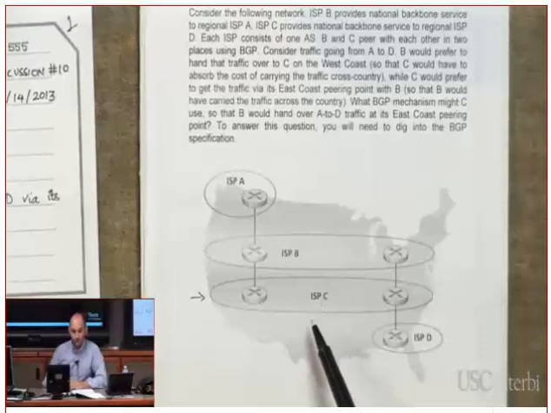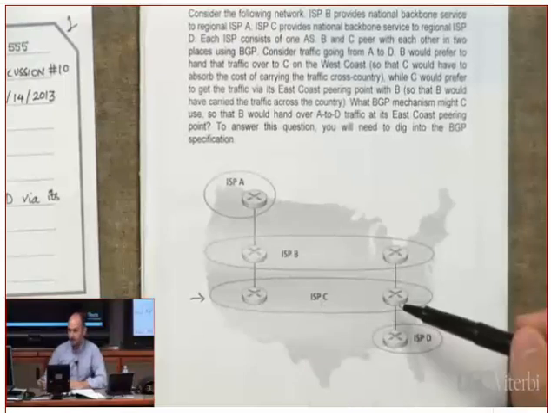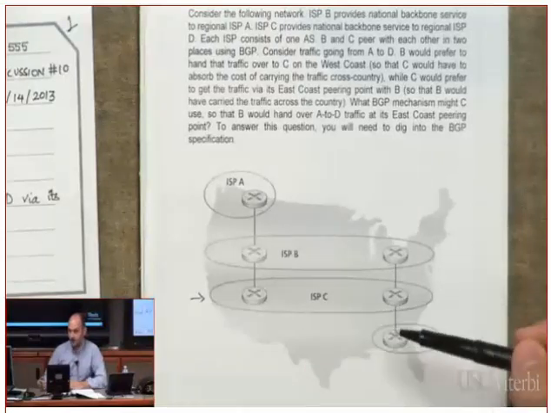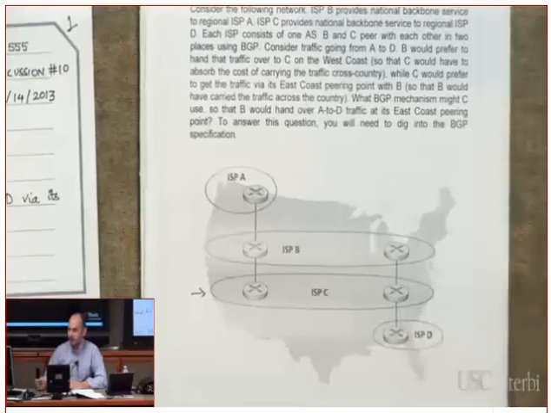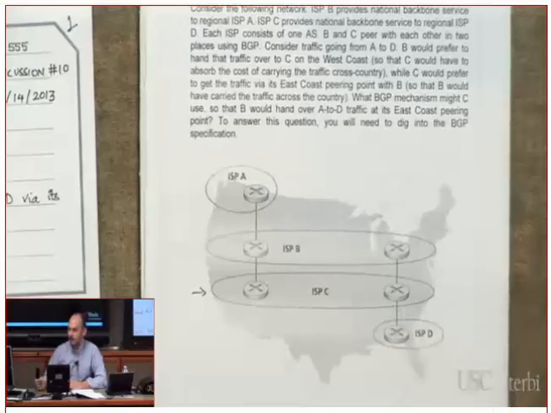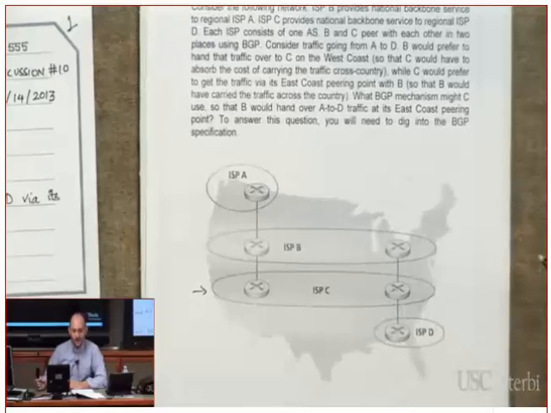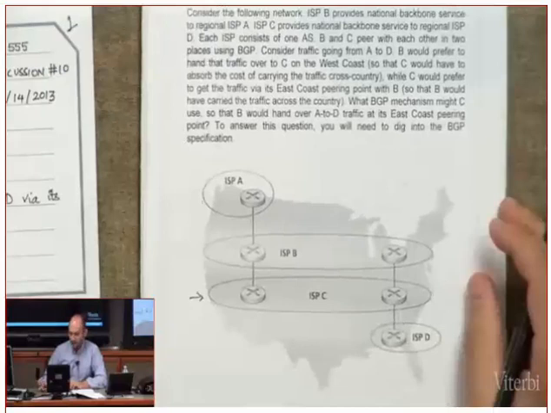Okay? Make sense? And of course, even if you are ISP C, you can define different weights. In reality, what they do is configure the weights, the link costs, such that they push traffic from one. Okay? All right.